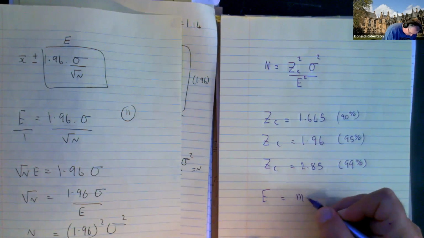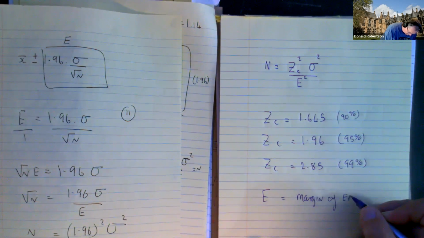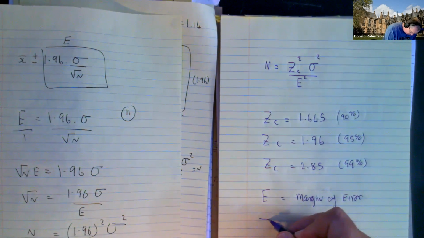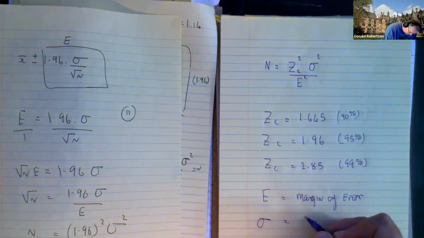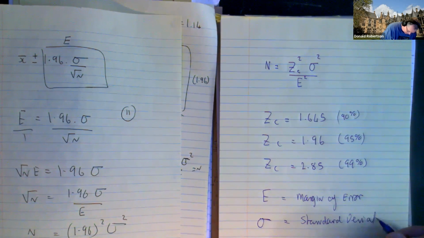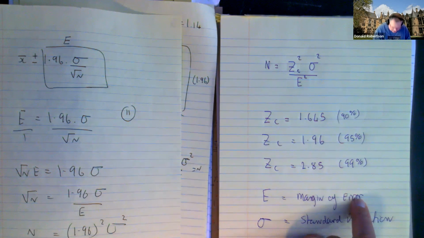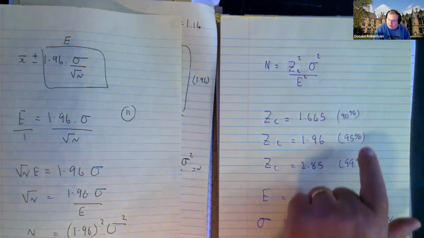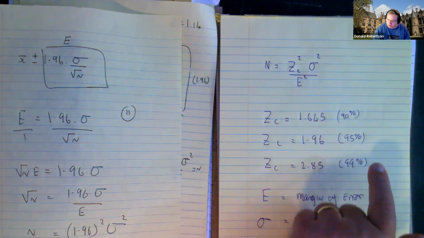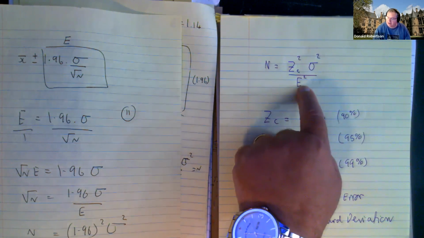E is whatever the margin of error should be, and sigma is the standard deviation that they will tell you. So you will be told that it's 1.9, that this is 2.7, and that it's a 95%. Once you know these three guys, you're good.